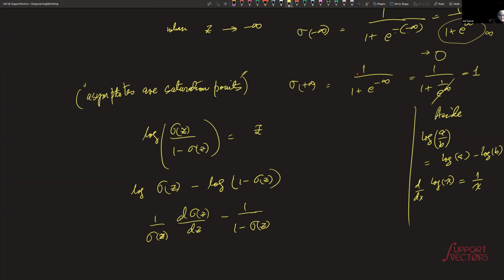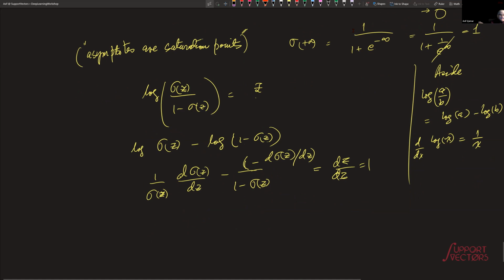And now the derivative of (1 - sigma(z)) is the same as minus d sigma(z)/dz. That would be on the left hand side, and on the right hand side, what would be the derivative of z with respect to z? 1.